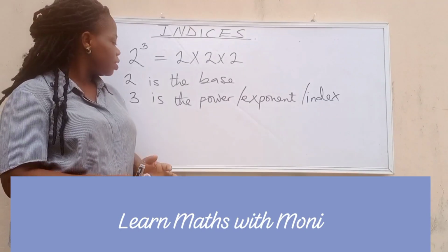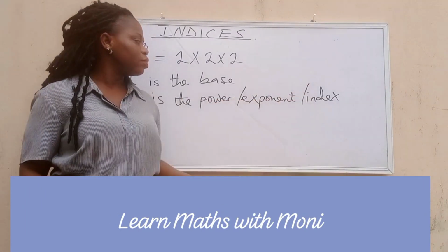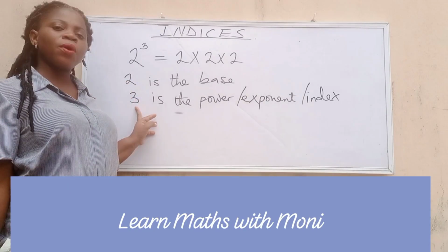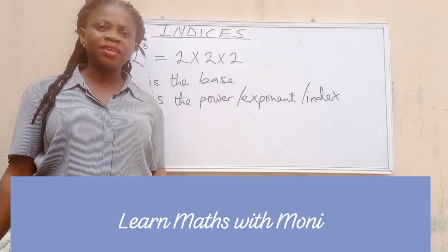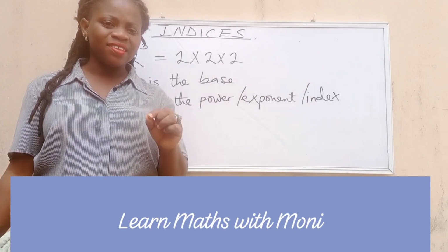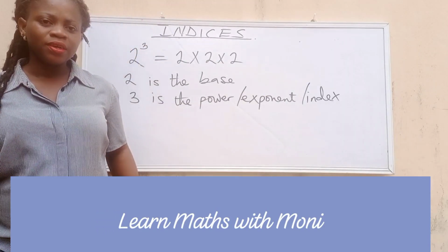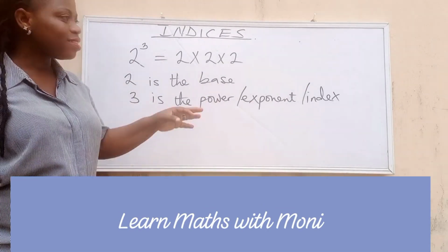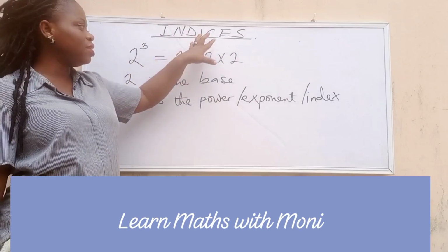We can call it any of these. 2 is the base. 3 is the power, the exponent, or the index. Index is the singular, and the plural is indices. That is how we come about indices.